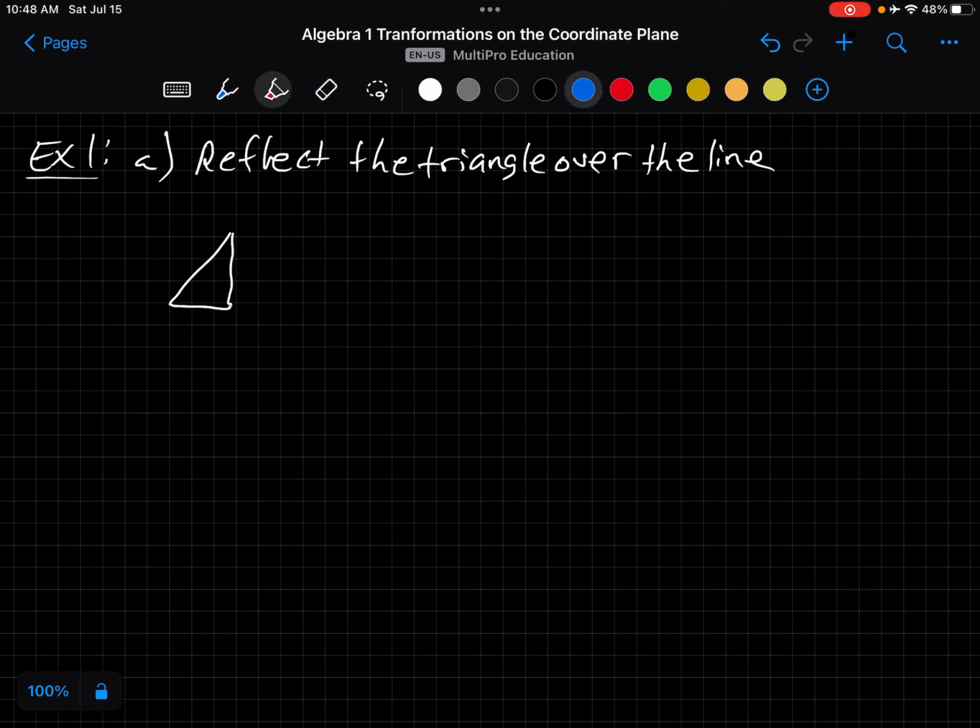Okay, let's draw that line in a little bit different place. So what we want to do is reflect this triangle over this line. The part that's closest to the blue line still needs to be closest to the blue line on the right, and it needs to start and end at the same location.